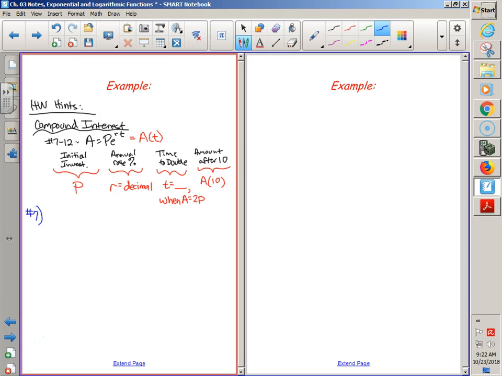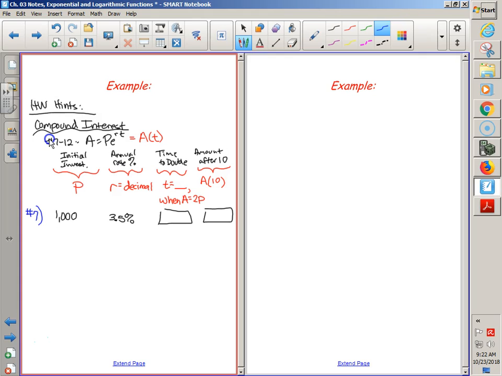Number 7 gives us what clues? What's the initial amount? $1,000. Put in $1,000. So what's the rate for the account? 3.5%? And are the other two missing? Okay.